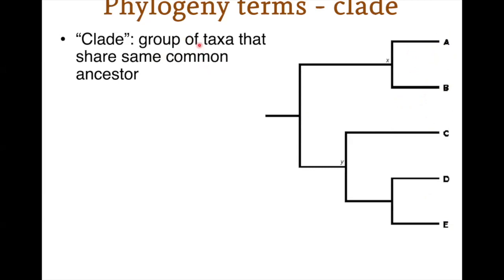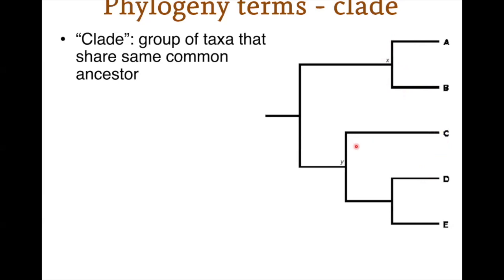And so that's a group of taxa that share the same common ancestor. So for example, A and B, as I said, they all came from an initial common ancestral population that's indicated by X here. And so A and B form a nice clade that's defined by the split of this branch into A and B.